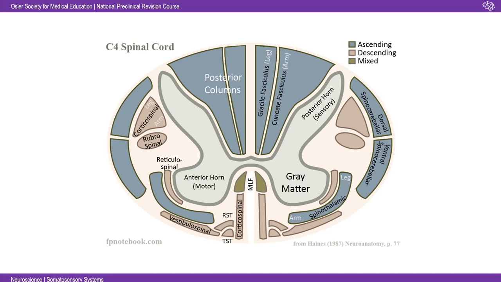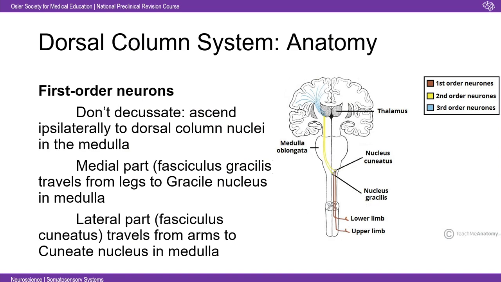As it goes up the spinal cord, the legs and the arms are split. So the legs are in the middle in the gracile fasciculus, and the arms are more laterally in the cuneate fasciculus, and that corresponds to the nucleus of the medulla that they go to.